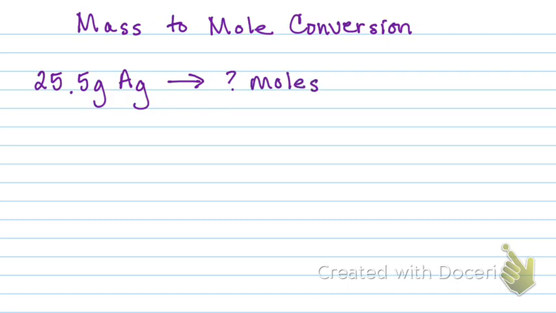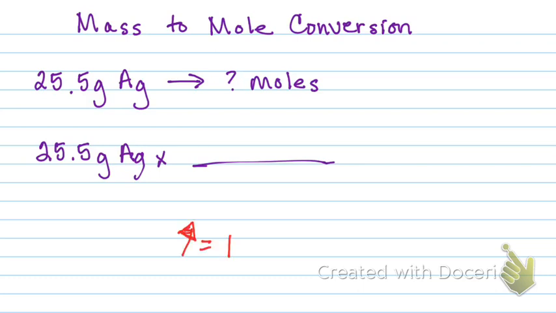Okay, so we're going to start with what we're given in the problem, 25.5 grams of silver. Again, this must equal 1, right? If it doesn't, I'm changing the value of this number, and I don't want to do that, okay? So this must equal 1. Absolutely must.